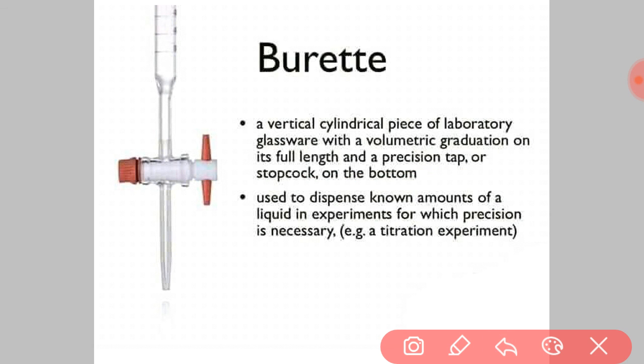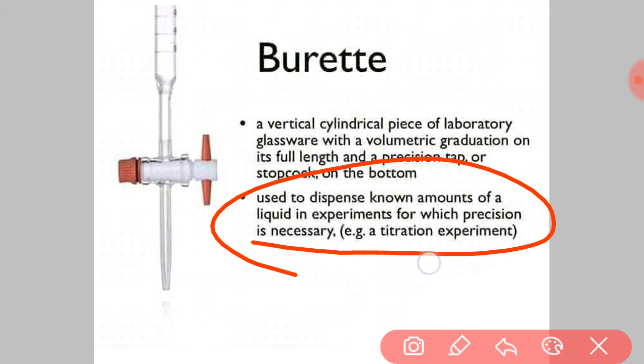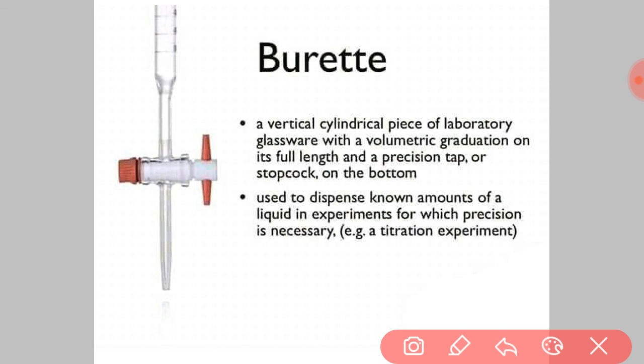Generally it is used to know the amount of liquid in experiments for which precision is necessary. Titration experiments, mainly various chemical titration purposes, we use a burette. Okay, this is also one type of lab equipment, its name is burette.